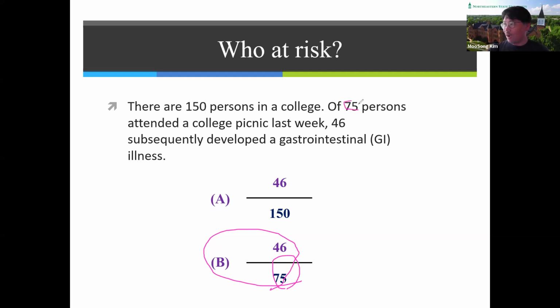Only 75 people actually went to the picnic, and among those 75, 46 developed the disease. So 46 over 75 times 100 is how to get the attack rate. So you can have a clear understanding about the meaning of who is at risk, right?